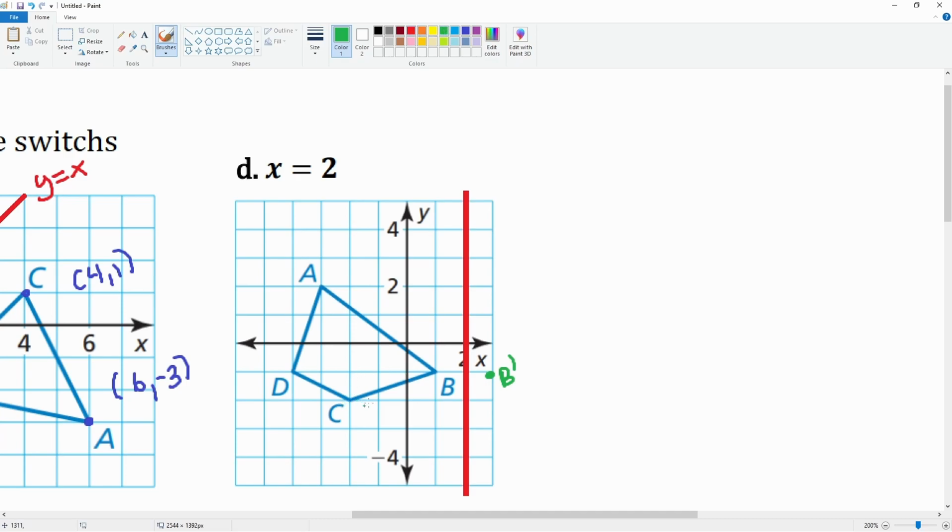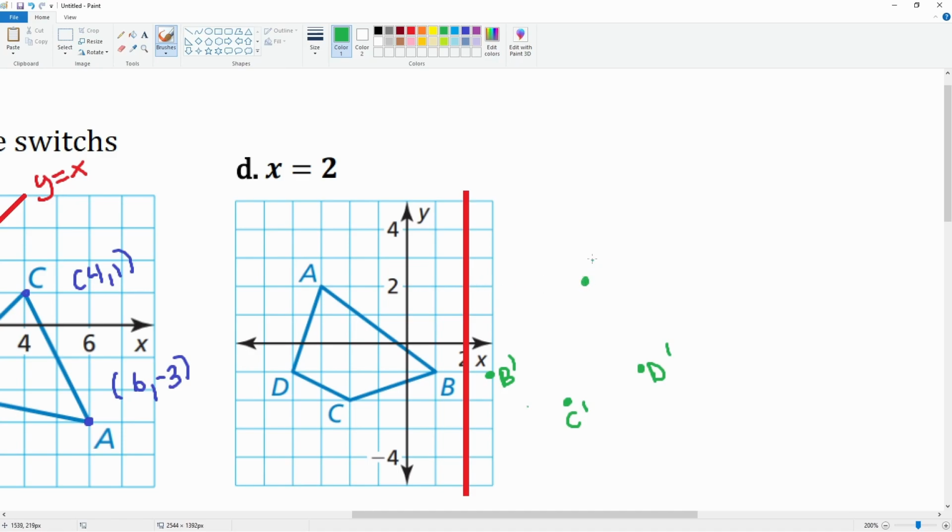C would be 1, 2, 3, 4 units away. So this is going to be 1, 2, 3, 4 units away. C prime. D looks like it's 1, 2, 3, 4, 5, 6 units away. So it's 1, 2, 3, 4, 5, 6 units away. A is 1, 2, 3, 4, 5. So A is going to be 1, 2, 3, 4, 5.